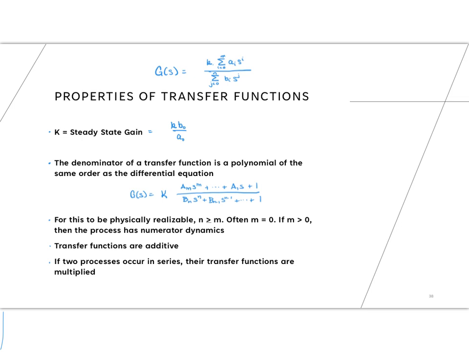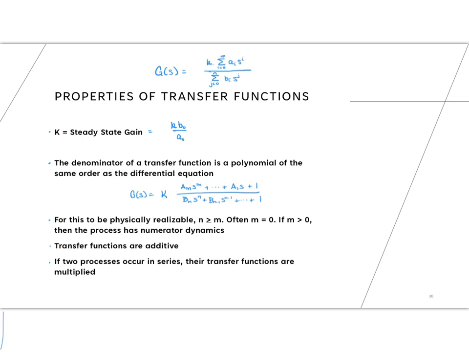Our general form is that we rewrite these by transforming them so that the numerator and the denominator polynomial forms are both something plus 1. The s to the 0 power is going to have a coefficient of 1.